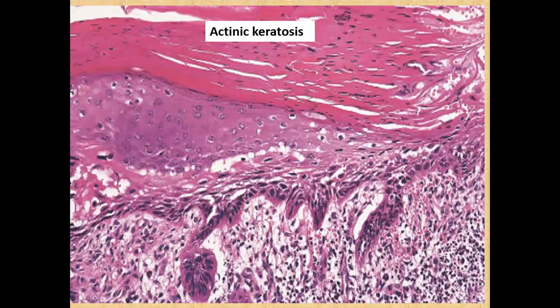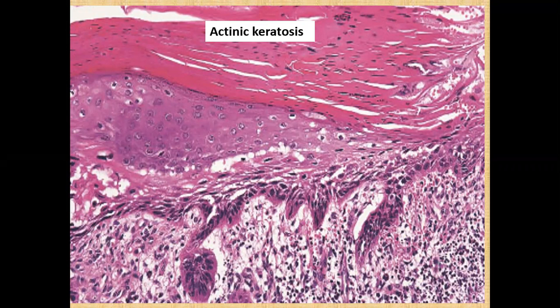Actinic keratosis. Actinic keratosis has different histological presentations that include alternating columns of hyper and parakeratosis. Then underlying the parakeratotic column, there will be a mild, moderate or severe degree of epidermal dysplasia.